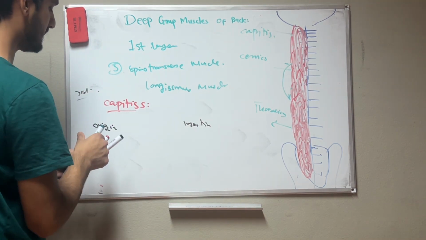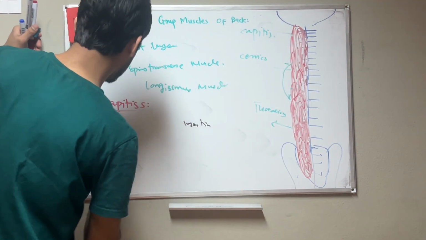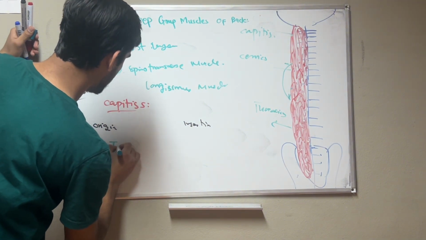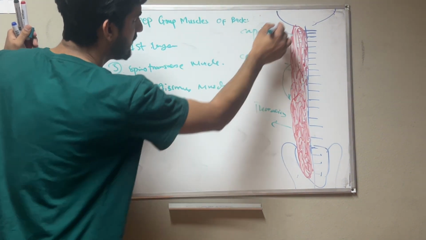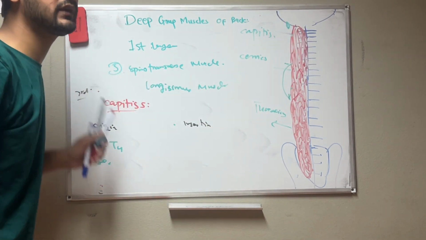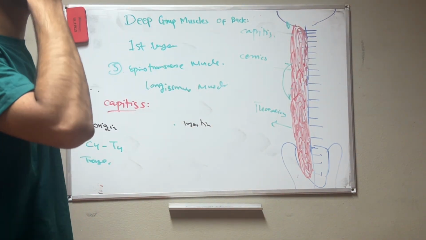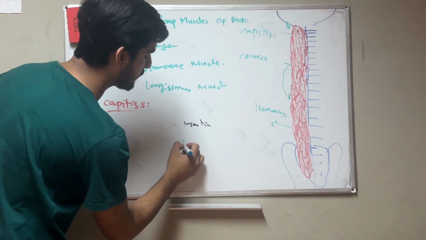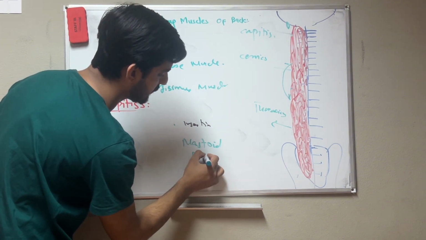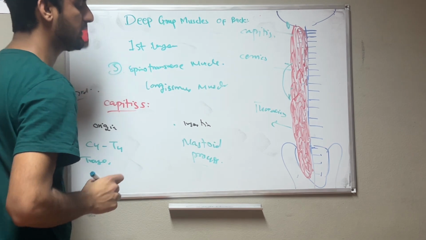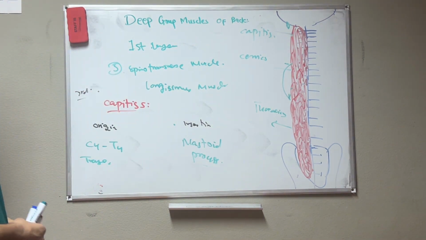Origin of capitis is the C4 to T4 transverse process, and it inserts into the mastoid process, which you remember from when we discussed the temporal bone. These are the origination and insertion which we discussed.